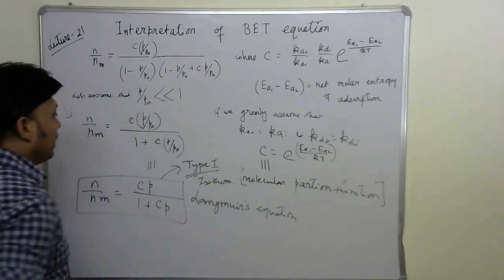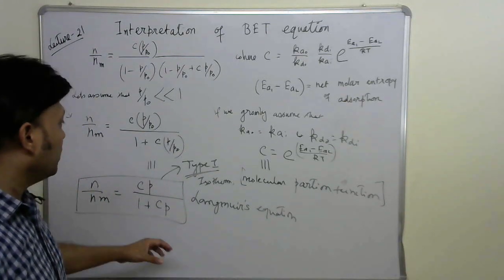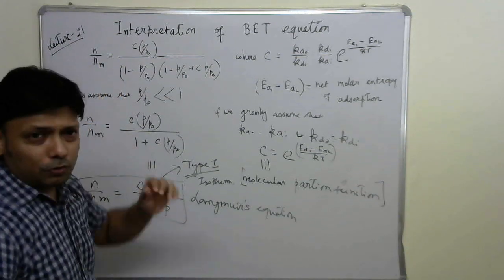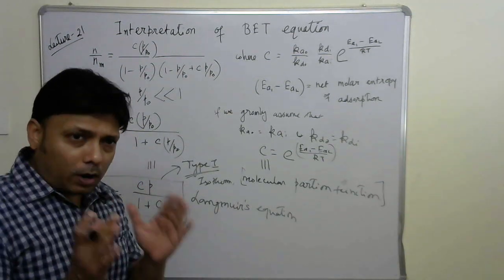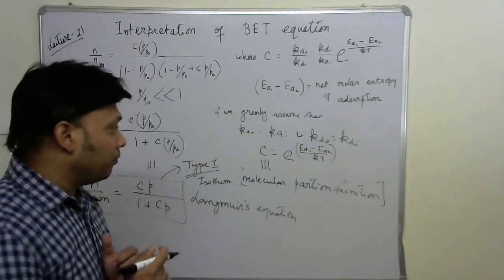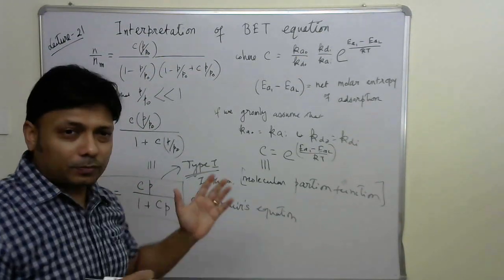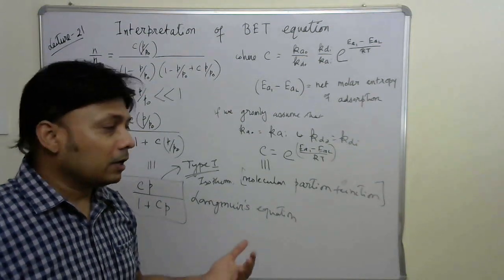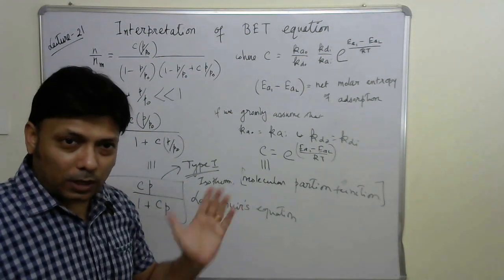So we can explain the type 1 isotherm from the BET equation where the p by p0 value is very small. That means at a very low range of p by p0, all adsorption isotherms resemble type 1. It starts with type 1 and then, depending on the C value and the higher pressure, it may go to type 2 or type 3.